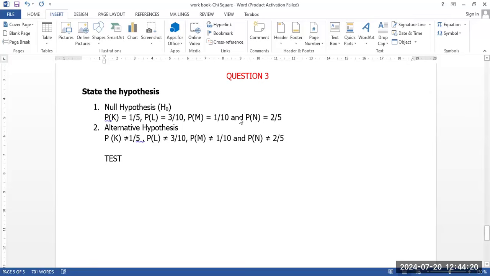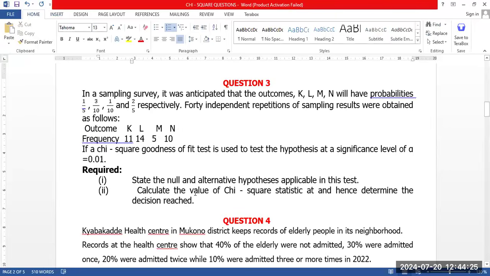We need to test because we calculate the value of the chi-square statistic. That is the computed value, and hence determining the decision reached. The decision reached will be based on your computed value and the value from the table.